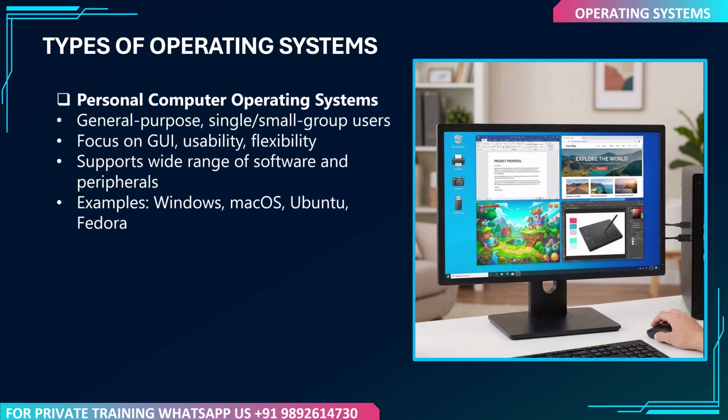They also manage peripherals like printers, cameras, and USB drives. What makes them unique is their graphical user interface, GUI, which allows users to interact using icons and menus instead of typing long commands. So while mainframes focus on reliability and throughput, personal operating systems focus on usability and versatility.